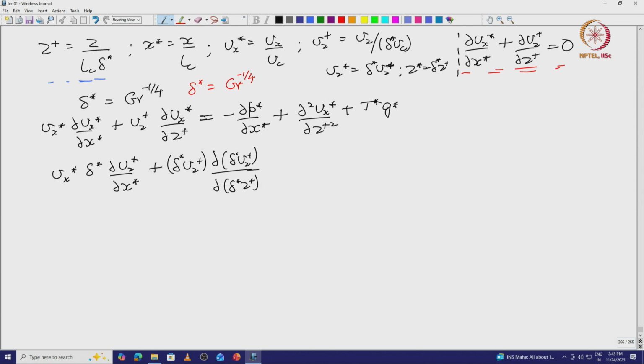Partial V z star by partial z star, where V z star is delta into V z plus and z star is delta into z plus, is equal to minus 1 over delta partial p star by partial z plus, plus delta into partial square V z plus by partial x star square.